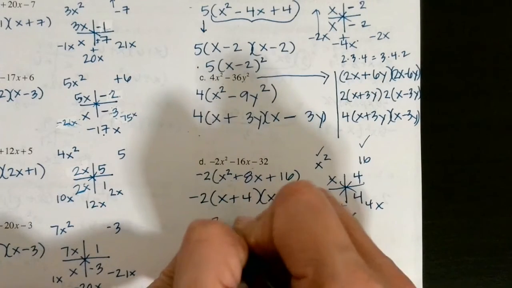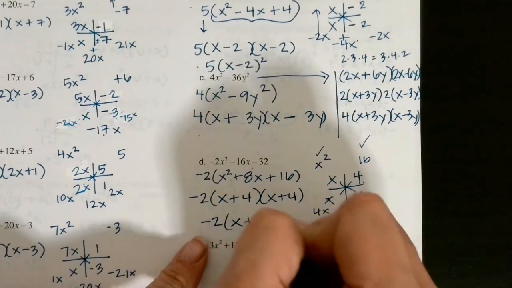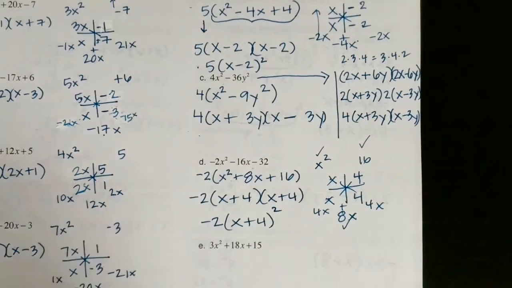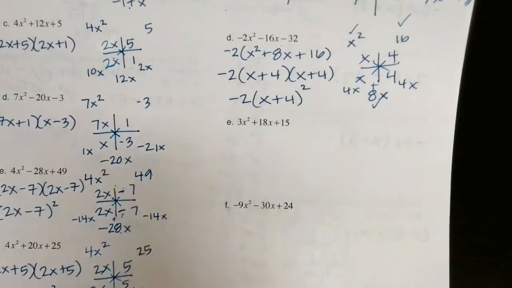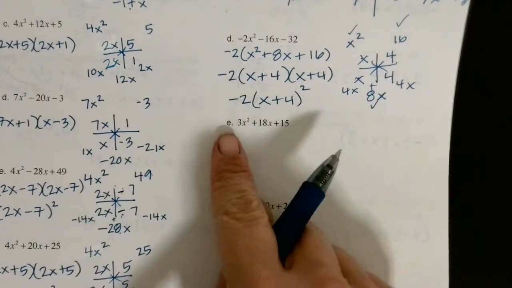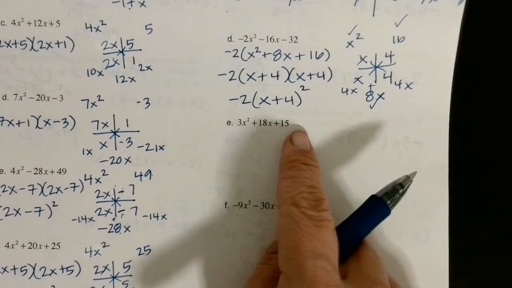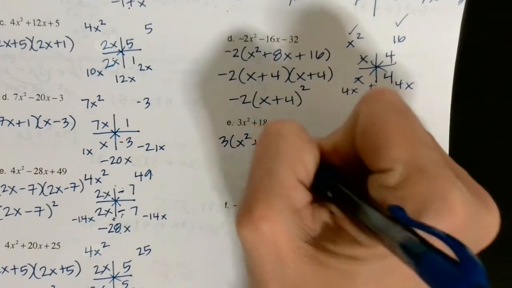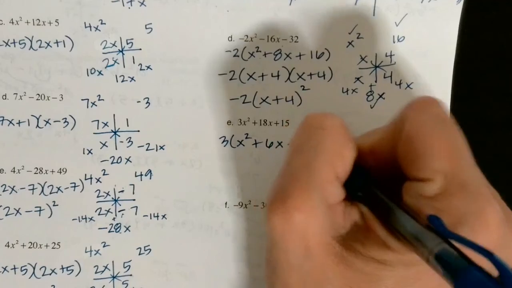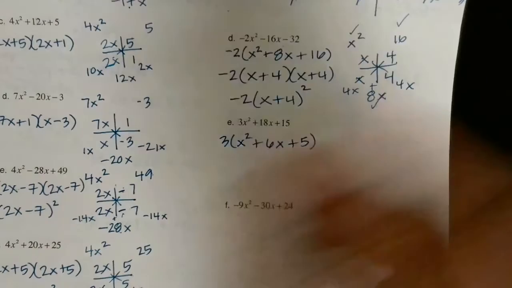And that's actually negative 2 times x plus 4 quantity squared. So anytime we have something in parentheses, we say quantity, so that whoever is listening to you knows what you mean when you say quantity. Alright, 3x squared, 18x, and 15. Those are all divisible by 3. So that's what's left over.